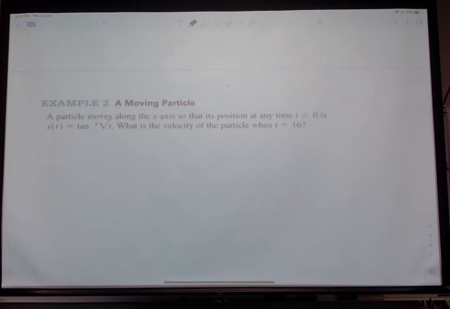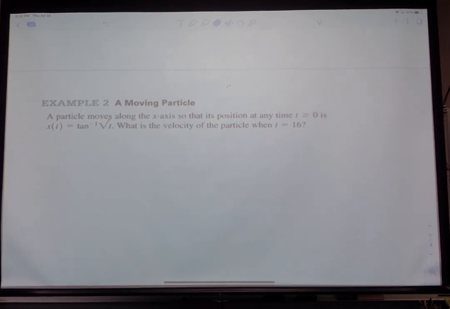Last one. Particle moves. All right, so we got a position function, again, named x. Weird, but okay. What is the velocity? So we've got to do a derivative and plug in 16. So v of t equals, you know what?